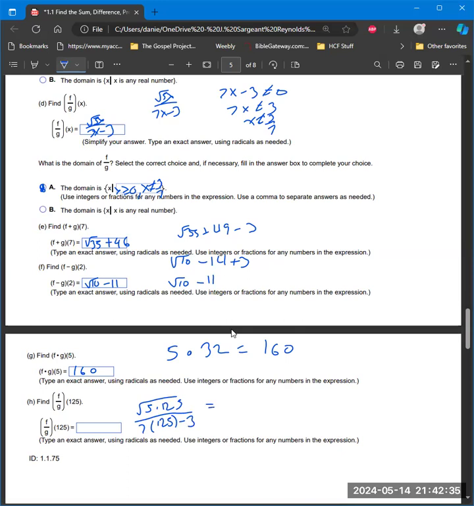This is going to be root 625, which is a perfect square. That's going to be 25 in the numerator. 125 times 7 is 875, minus 3 is 872. That's 25 over 872.